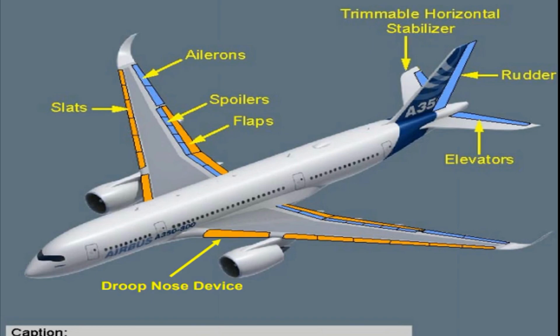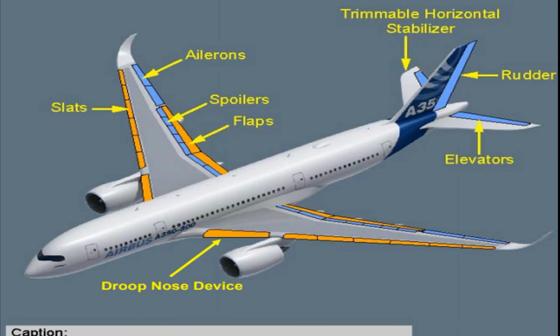All right. So now let's talk about the slats. The slats are not located on the trailing edge. They are on the leading edge of the wing. They are high lift devices and create aerodynamic surfaces.